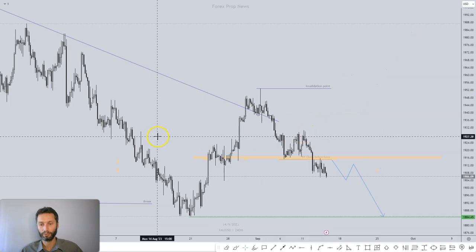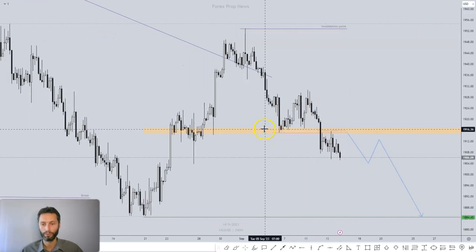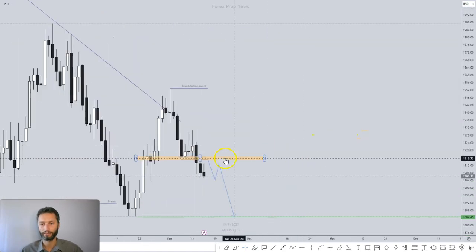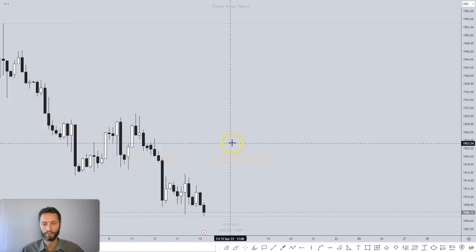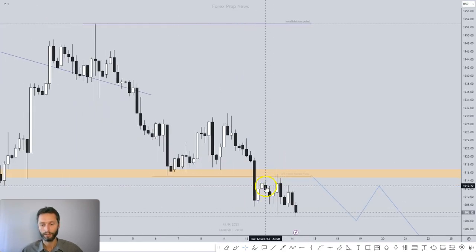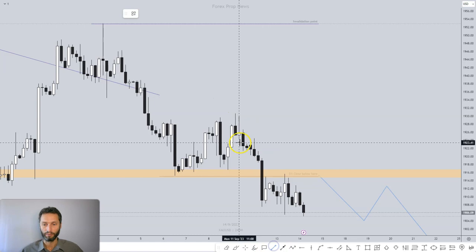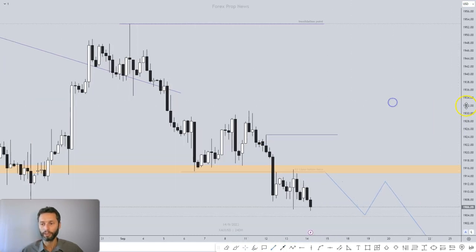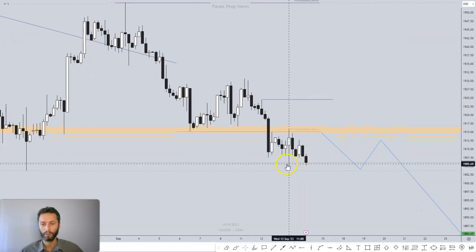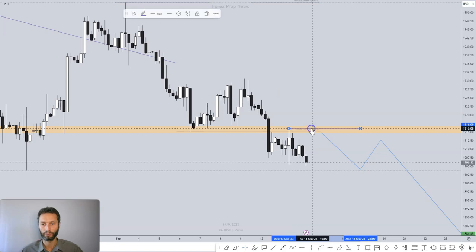And finally, last but not least, gold. As anticipated, let's go on the daily just to be clear, here was the close, the pullback, and then continuing to the downside. This is what gold has done and came right back into the zone and rejected off it. As you can see, the invalidation point will be in the last swing here. And now that we are breaking lower below this low, then the next validation point would be here.